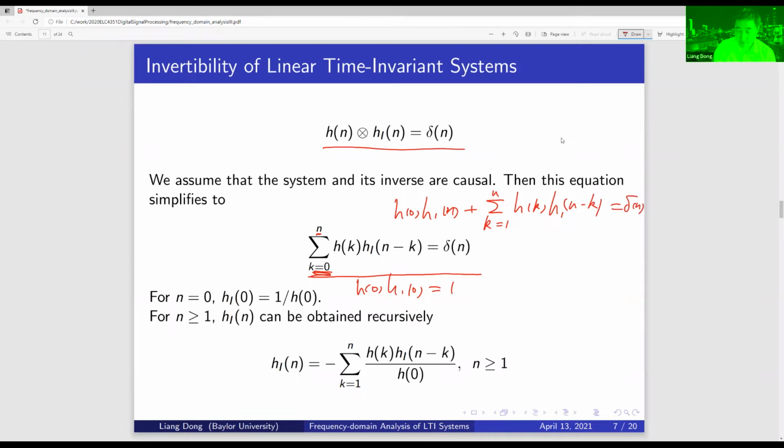If n is greater than or equal to 1, this part becomes 0. Therefore, you move this to the right of the equation, and we find h sub I of n can be expressed in this form. And that can be easily calculated for the inverse system.